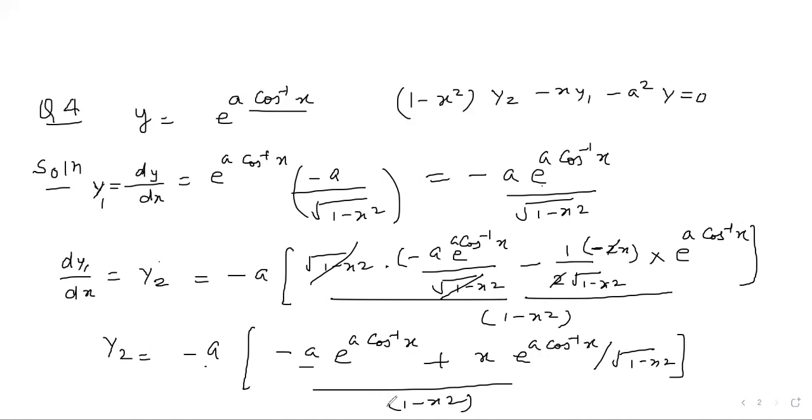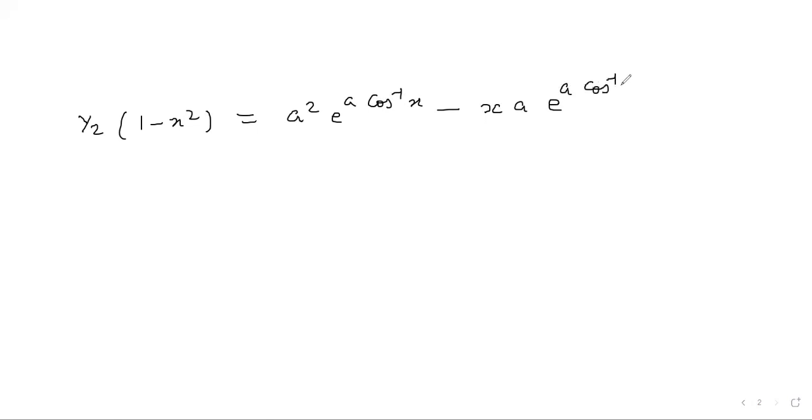Now, we can shift this 1 minus x square to the LHS. So let's write it, y2 times 1 minus x square equals a square e to the power a cos inverse x minus x a e to the power a cos inverse x divided by root of 1 minus x square.